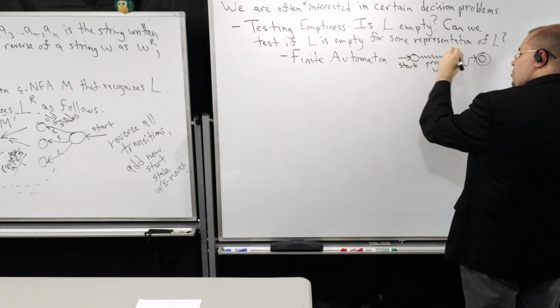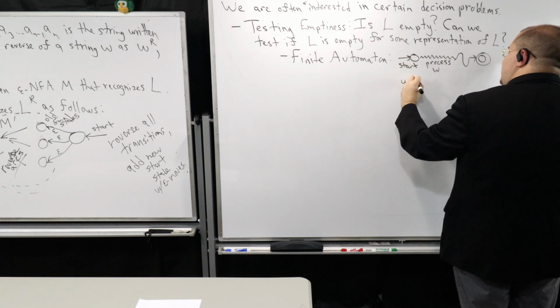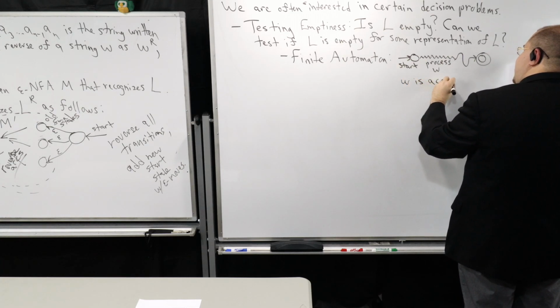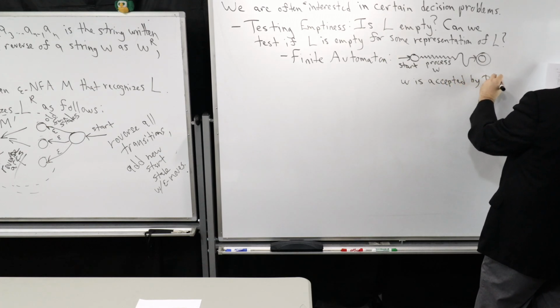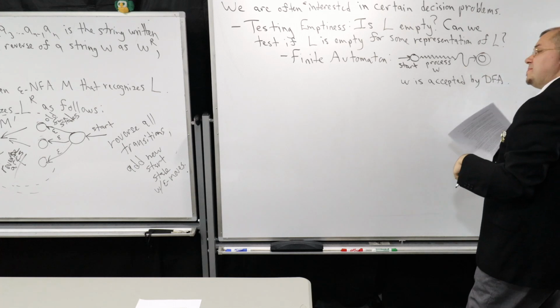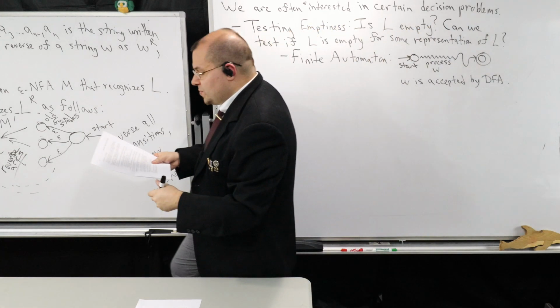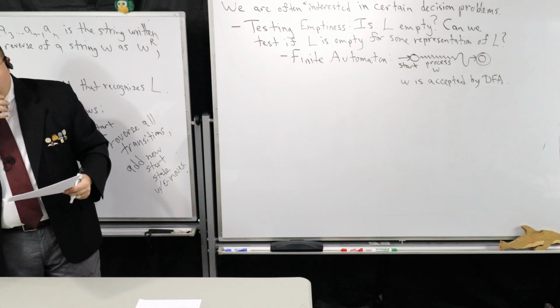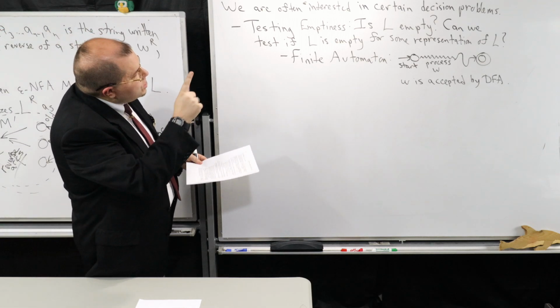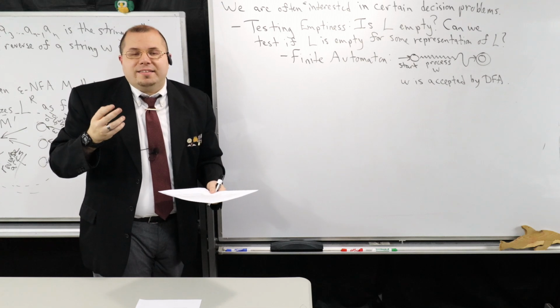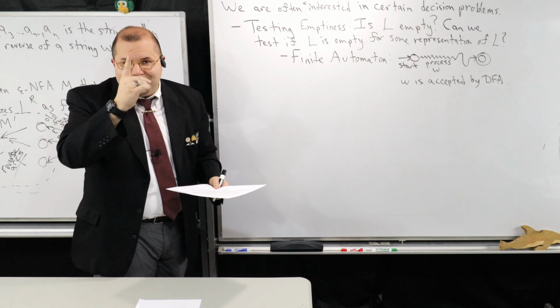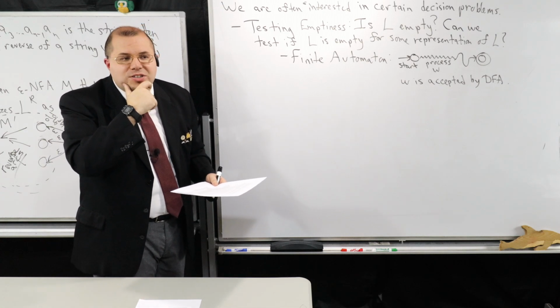So this would be the process if W is accepted by a DFA, for example. That's what it means to get accepted. So you would agree with me that if such a W existed, that means that the language isn't empty, right? Because it has to accept at least one string.